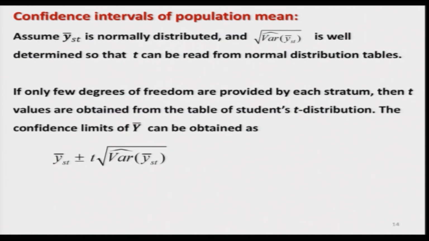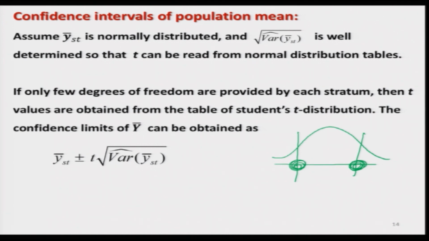Now I try to address the issue of confidence interval estimation of the population mean in the case of stratified random sampling. It is not as straightforward as in the case of simple random sampling, because when we find the confidence interval, we need a critical value on the x axis corresponding to the distribution.